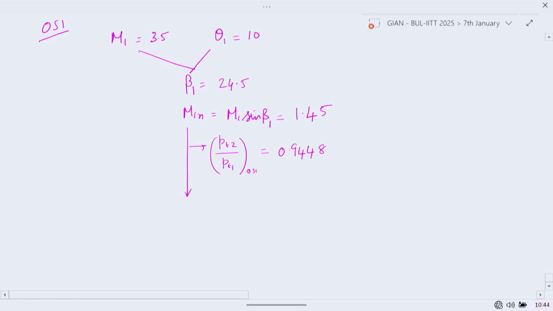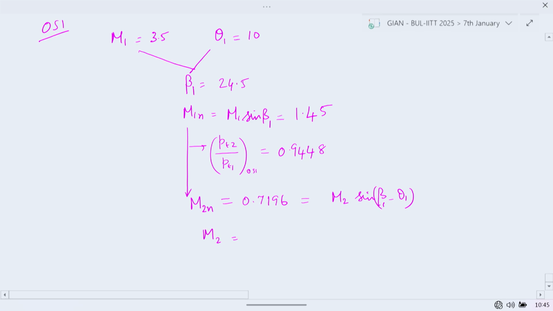So once you got M1n, what is the value for M2n from the tables? M2n is 0.7196. For M2n, that value is equal to M2 sine of beta 1 minus theta 1.